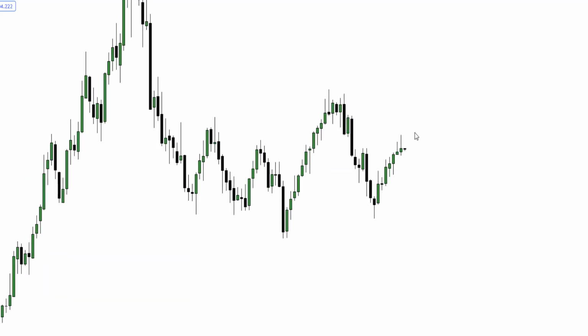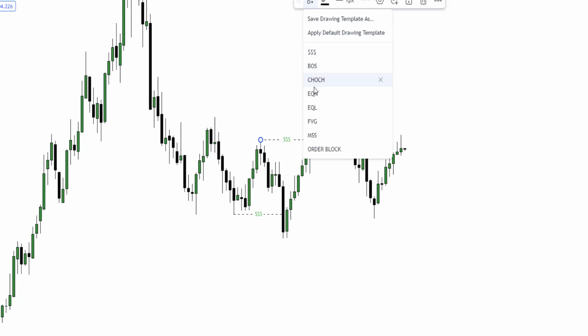So let's look at what is happening. All right, we have price shifting structure after coming lower to sweep liquidity here. I want to take you through every single one of these pieces of information so you will not be lost. So we have this as a shifting market structure. Let me delineate it properly.